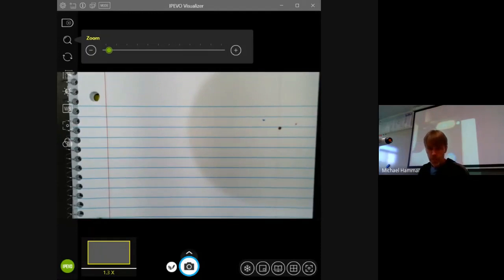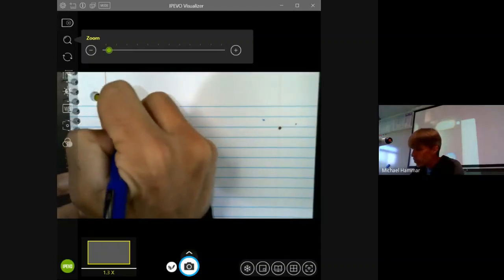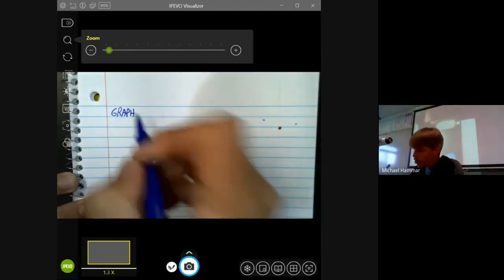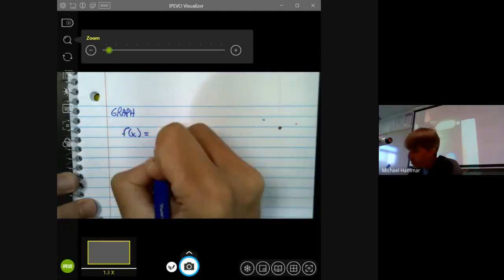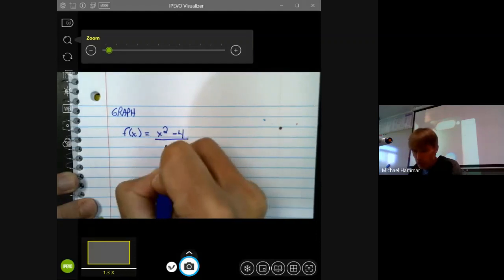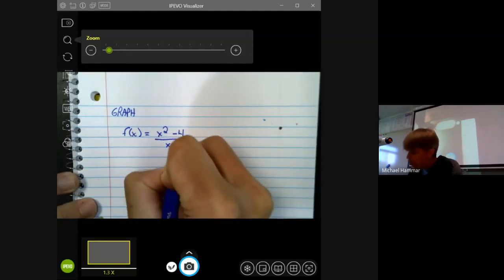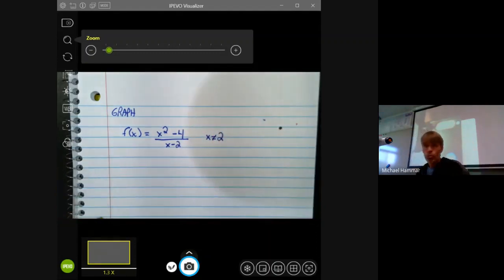and you can use a graphing calculator for this one if you wish. I would like you to graph this function, f of x equals x squared minus 4 over x minus 2. And we do need to note x cannot equal 2.